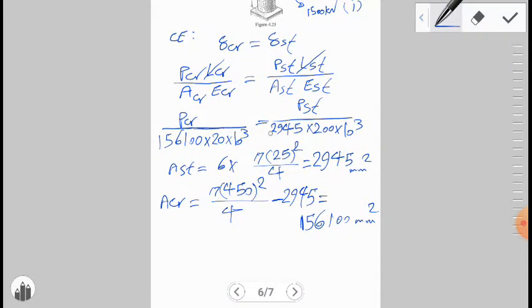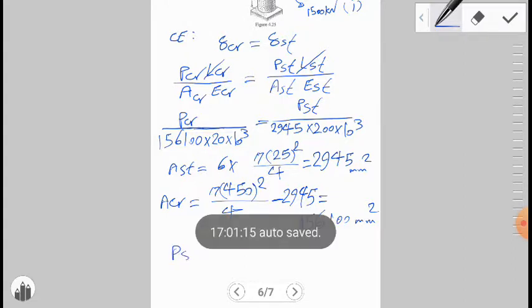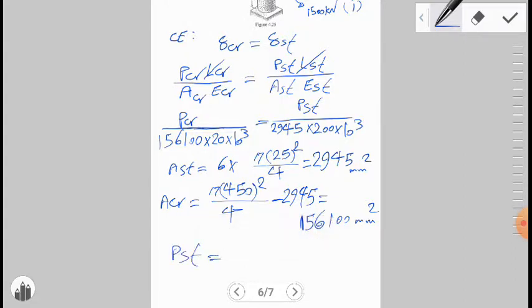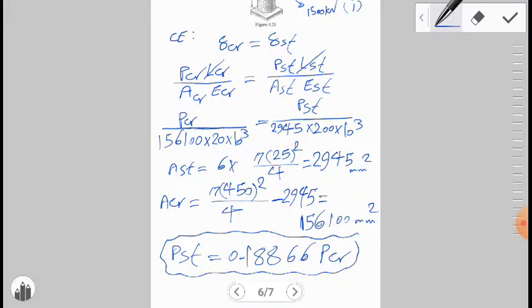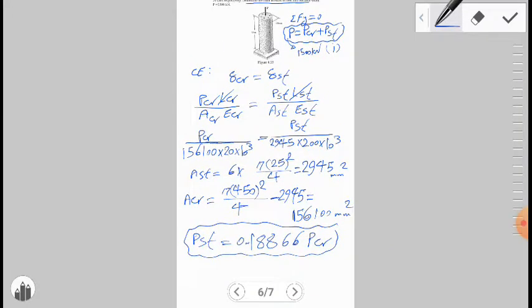After simplifying this equation, we can simply write P steel is equal to 0.18866 P concrete. We called it equation number 2 here, based on the compatibility equation.